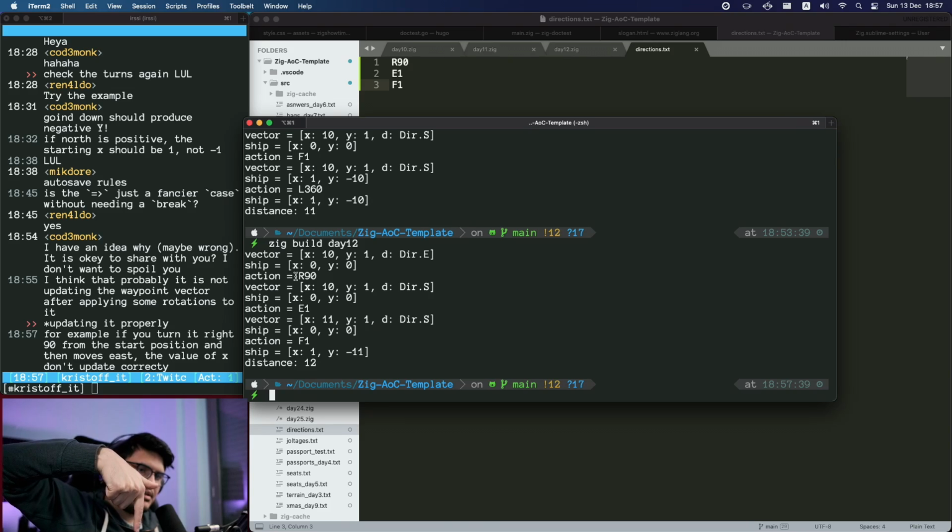Right 90 just changes the direction to south, but now this is how I should interpret the vector. East 1 changes X that way.